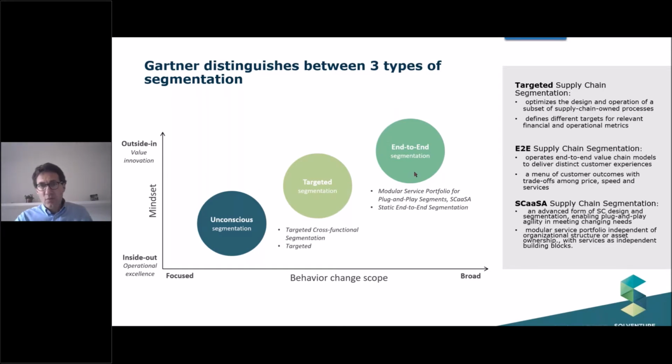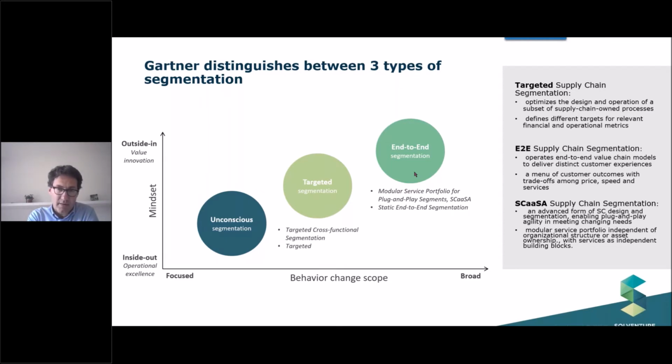While indeed end-to-end segmentation is then really impacting the entire supply chain, sometimes even outside of the company, even the whole value chain. You could think of companies where they maybe even design their supply chain network in a different way for different segments. Think of companies procuring the standard products in low-cost countries, so with a longer lead time, versus the more innovative products then closer to the market, so that they can react faster to changes in the customer needs.